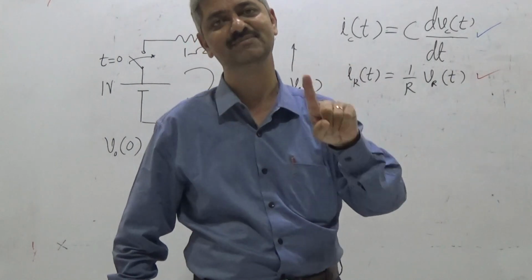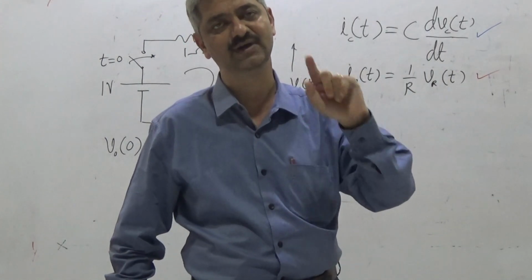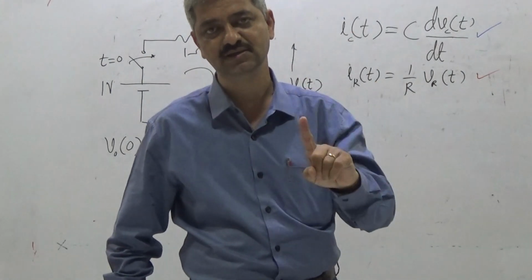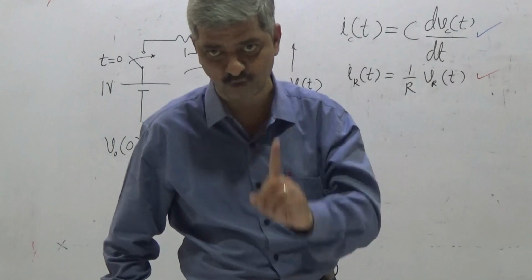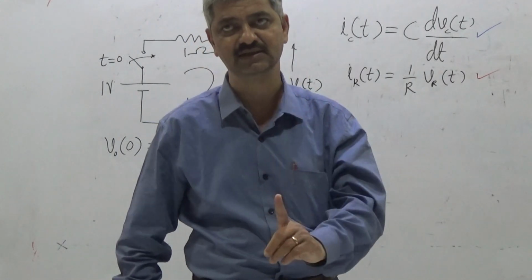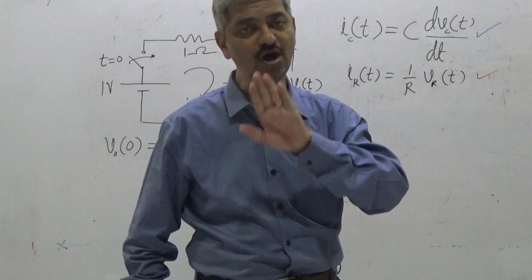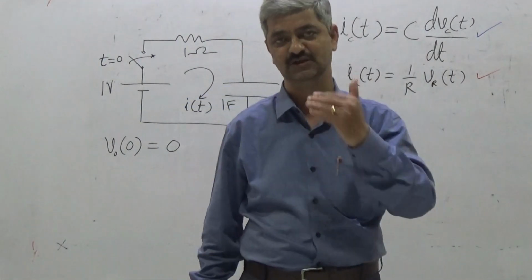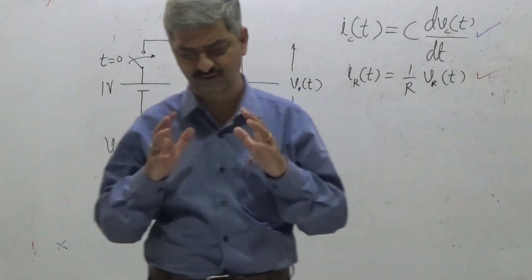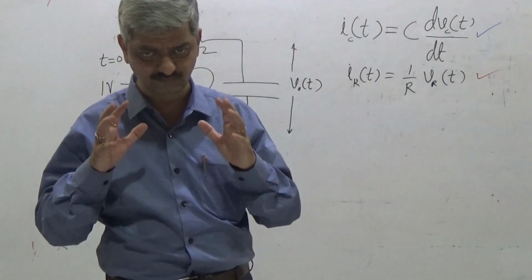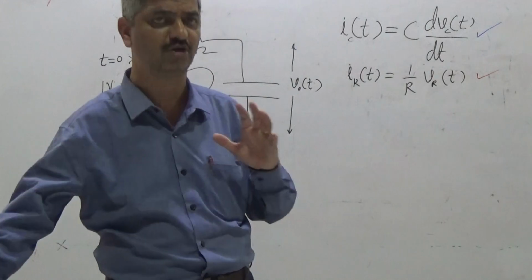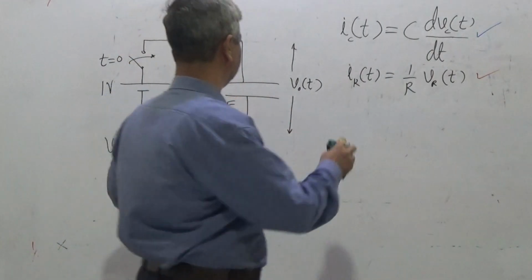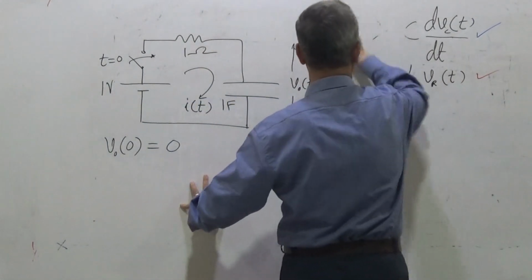So the same current can be there in a capacitor where voltage can be different across it, because current in the capacitor, remember, it is very important, is proportional not to the voltage across the capacitor but to the rate of change of voltage across the capacitor. This is something which everybody must be fully equipped with. There should not be any ambiguity on this aspect at all. With this, now we can solve the example very clearly.